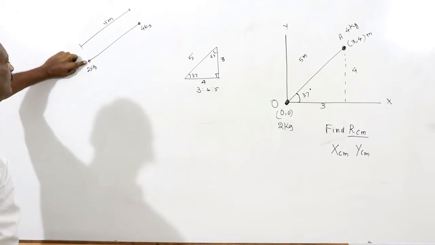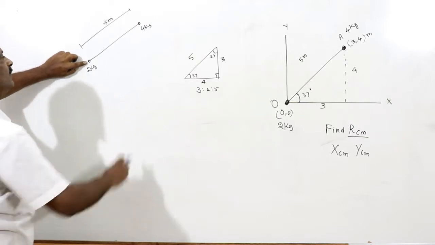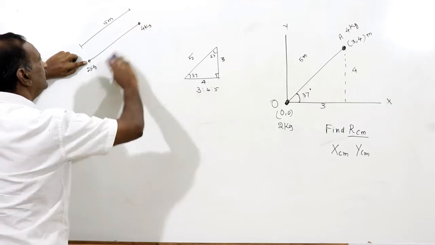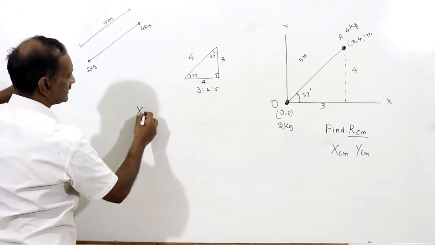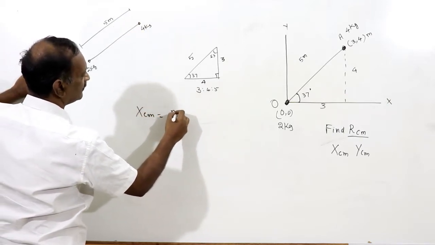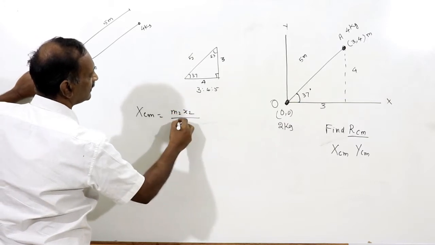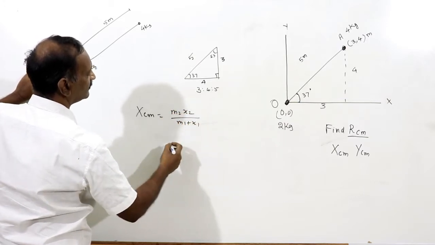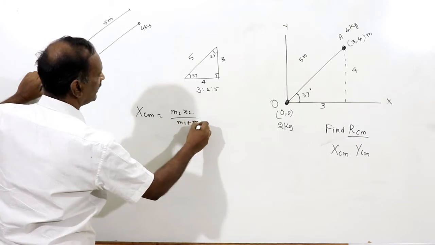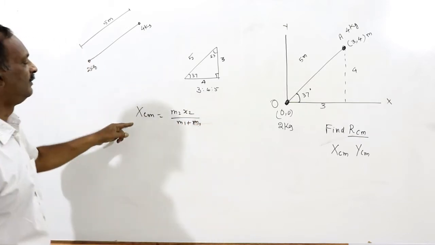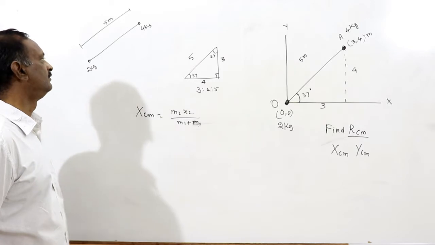With reference to this point, you have to take this divided by the total mass, because xcm about this point is (m2 x2 + m1 x1) divided by (m1 + m2).